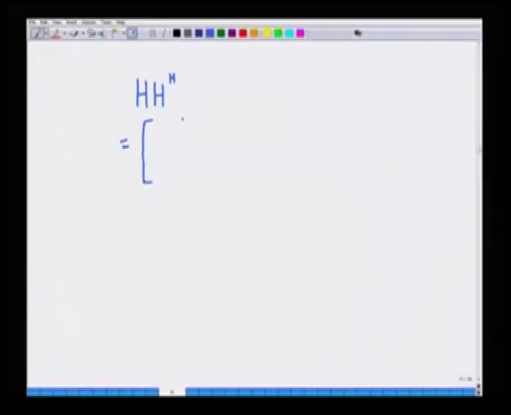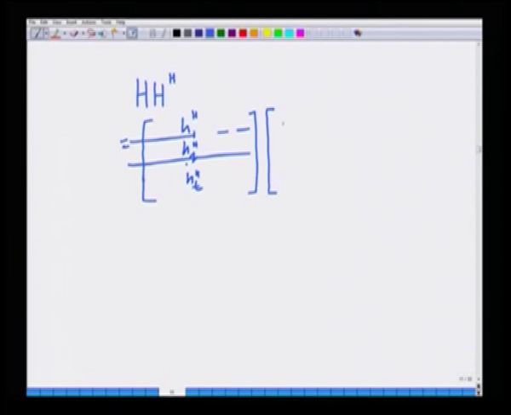So, we have H1 Hermitian, H2 Hermitian, so on up to HR Hermitian. These are the different rows, and H1, H2, up to HR are the different columns, all right.